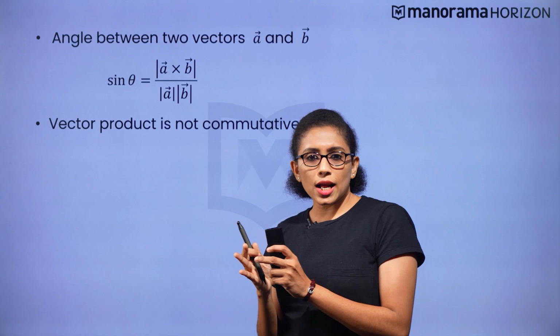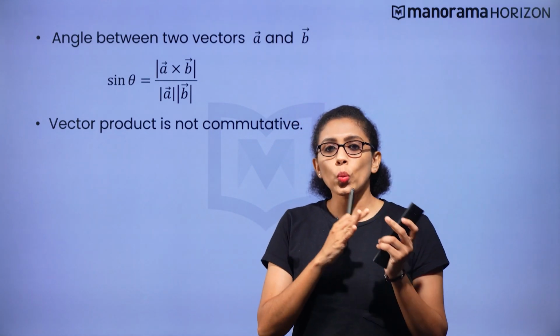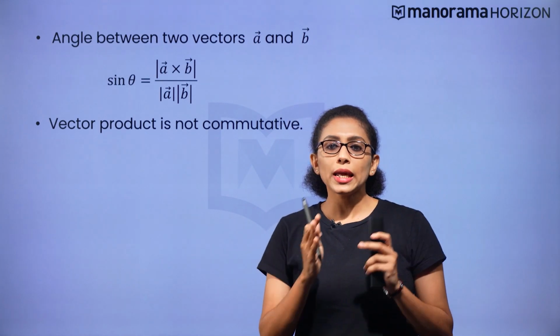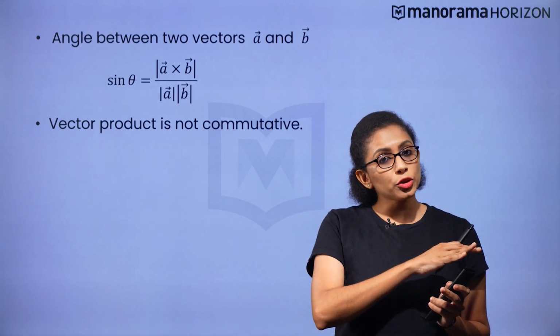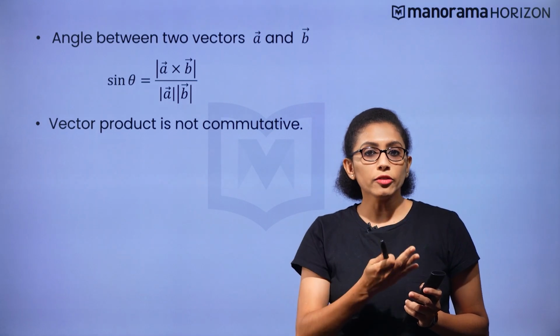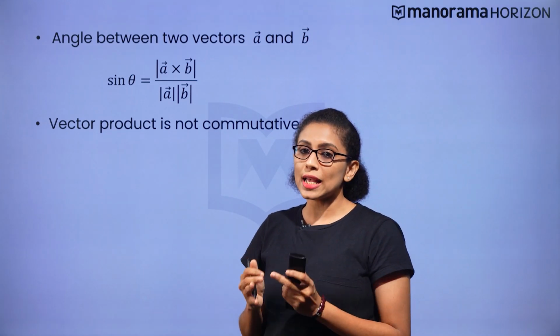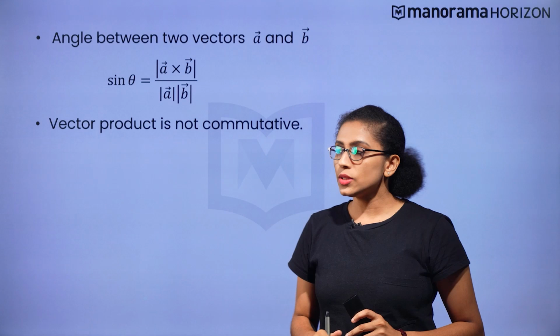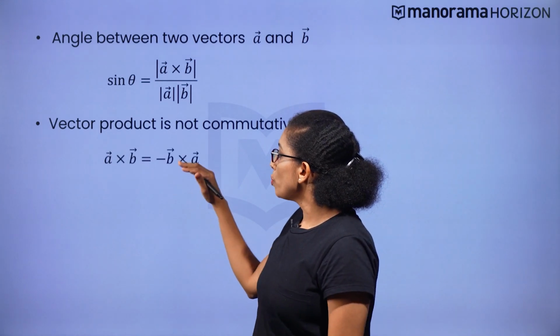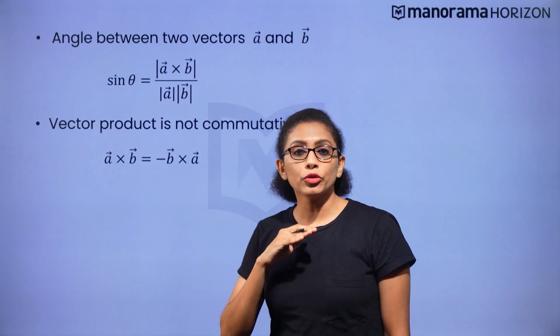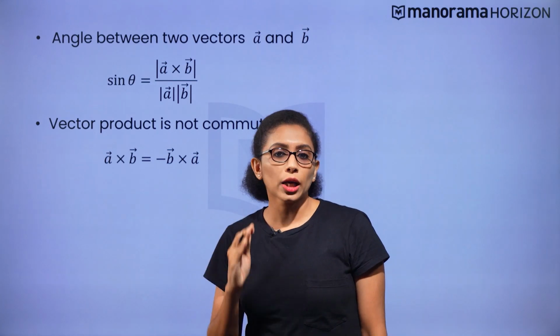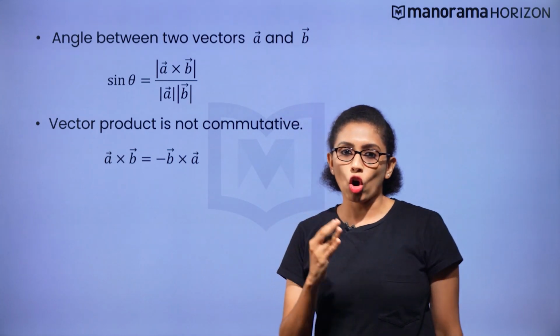When theta is traversed from vector A to vector B, the cross product will be A cross B. Now, when theta is traversed from vector B to vector A, the reverse, the cross product will be B cross A. So, A cross B is equal to minus of B cross A. So, we can say that the cross product is not commutative, unlike the dot product.